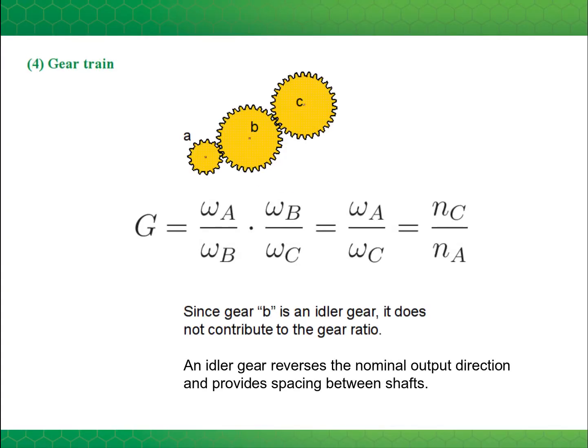You can also have a gear train, and so we'd have gears A, B, and C, and this can be used to reverse the direction of the output gear, or to change the spacing between the input and the output shaft.